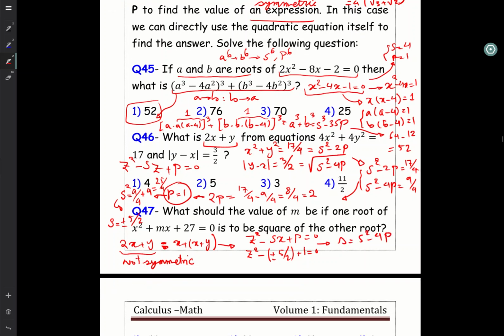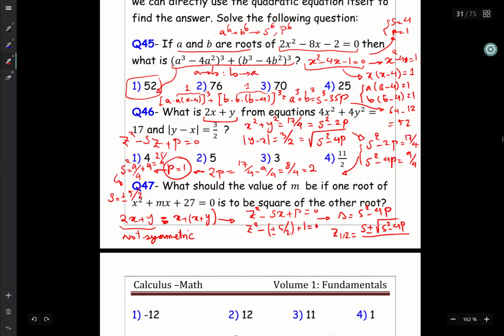S squared minus 4p is the delta of this equation, and our two solutions are s plus minus the square root of s squared minus 4p, and we already know what s squared minus 4p is, divided by 2, right? These are the roots, and therefore 2x plus y could have two solutions.